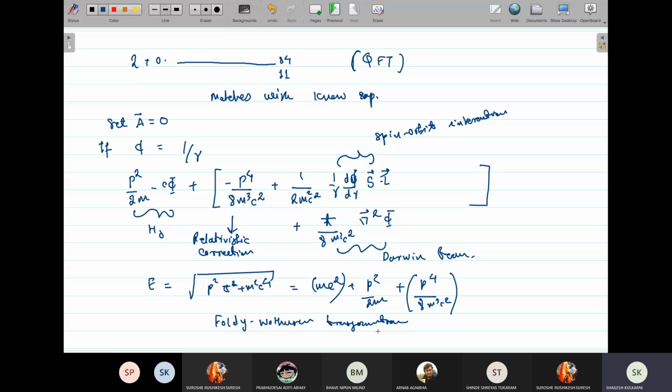Using this technique, one can have a systematic way to discuss the non-relativistic correction to the non-relativistic Hamiltonian. There will be other higher order terms, but the first order term is this.